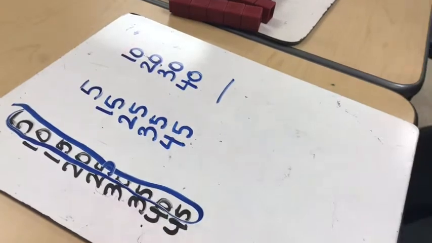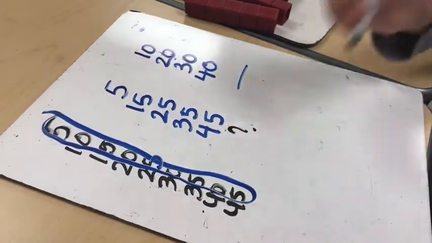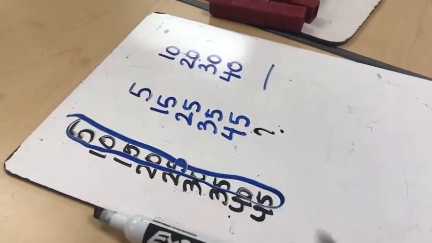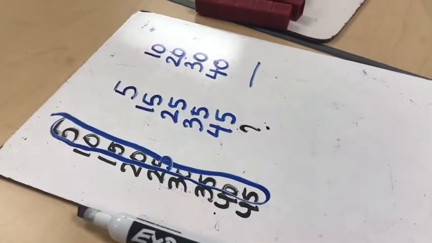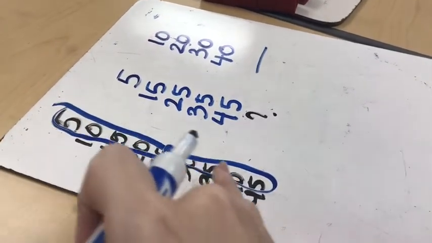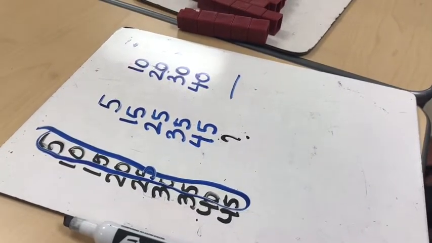And what else do you notice? We don't know what's over here, even after this one. So let's see if we can use these patterns to figure out what must come next, okay? So you notice in the 1s I have the 5, 0, 5, 0, 5, 0, 5, 0, 5, 0, right? Pattern. Do you see any other patterns?